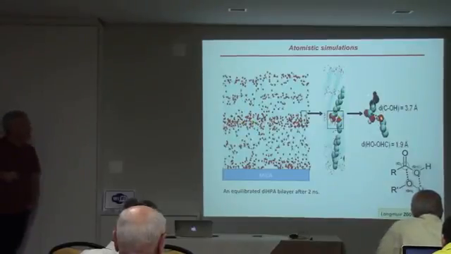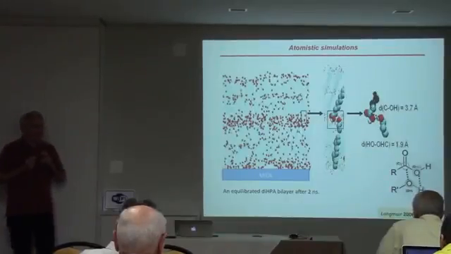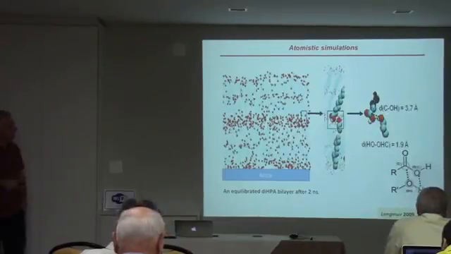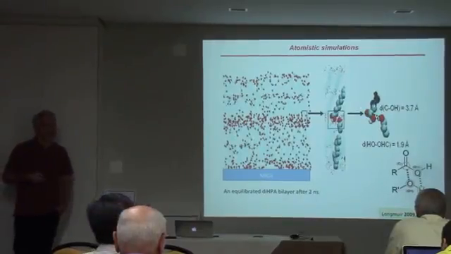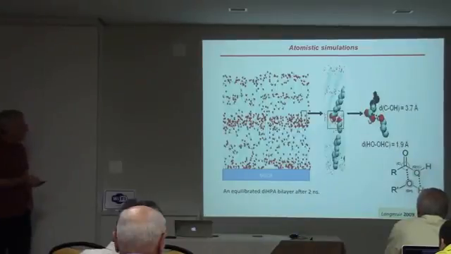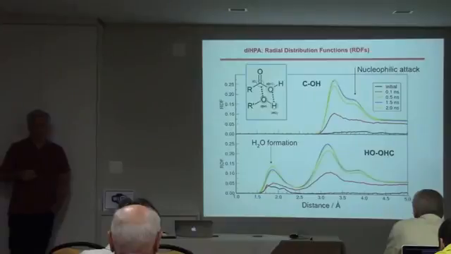We can observe that there is a very effective approach between the different groups that I mentioned, the oxygen from the alcohol group to the carbon in the carboxylic groups. And this can be visualized in the radial distribution functions.